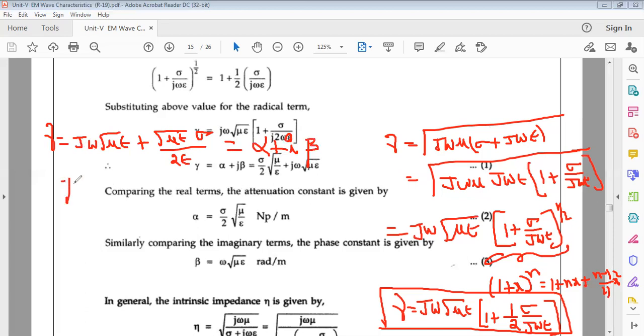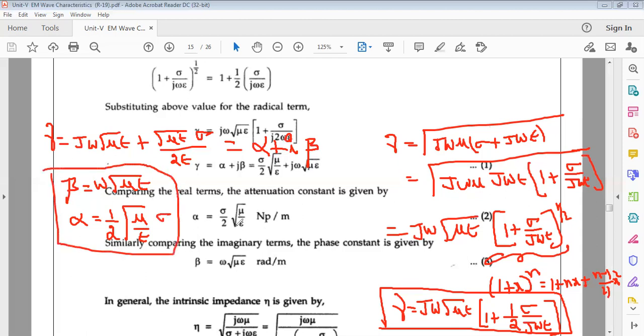So beta is equal to omega into root of mu epsilon, and alpha is equal to 1/2 into under root of mu epsilon into sigma. So alpha is equal to sigma by 2 under root of mu by epsilon, Nepers per meter. Beta is in radians per meter, omega under root of mu epsilon.